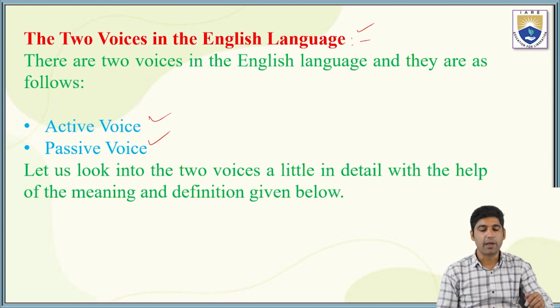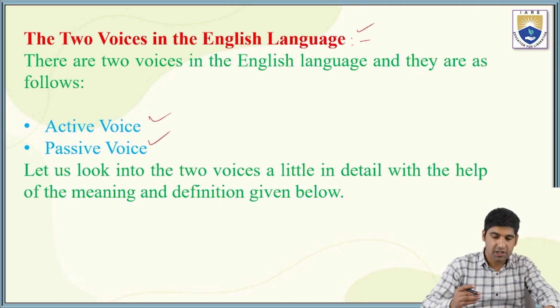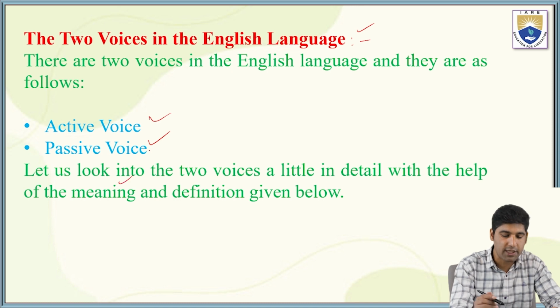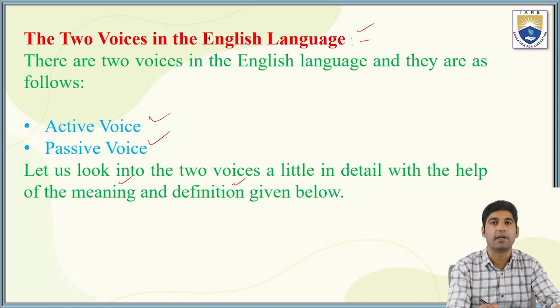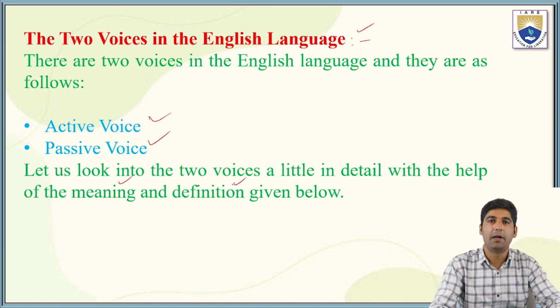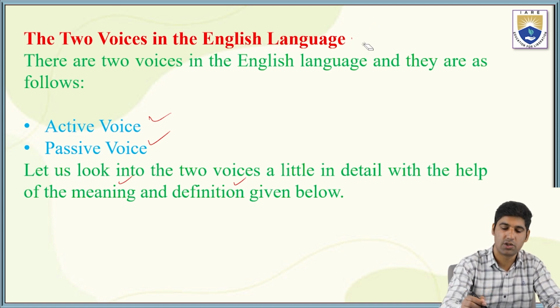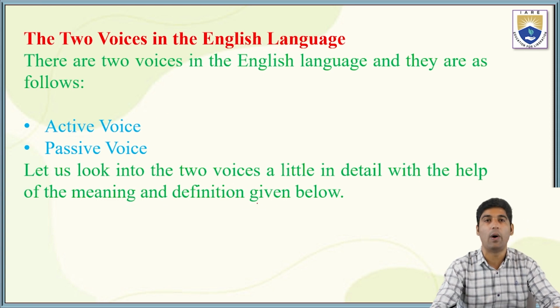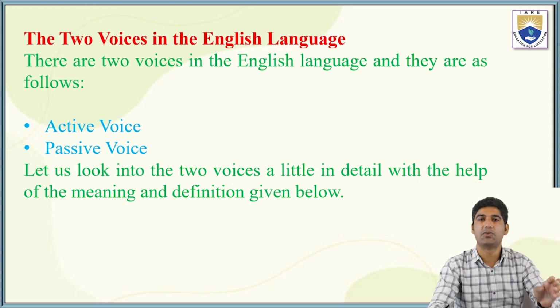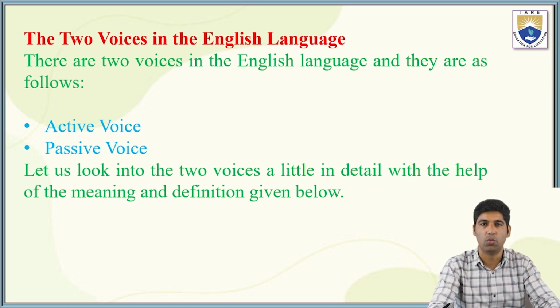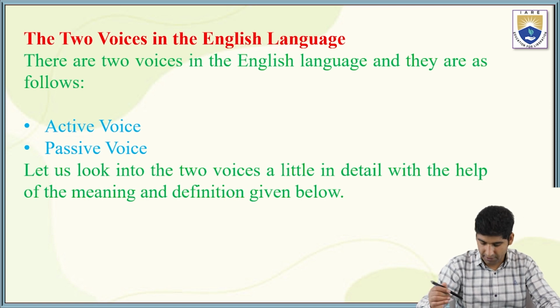Now we shall look at these two voices in detail, talking about their meaning and some reliable definitions. You must know one thing, that in English language we have only two voices, one is active voice and another is passive voice.